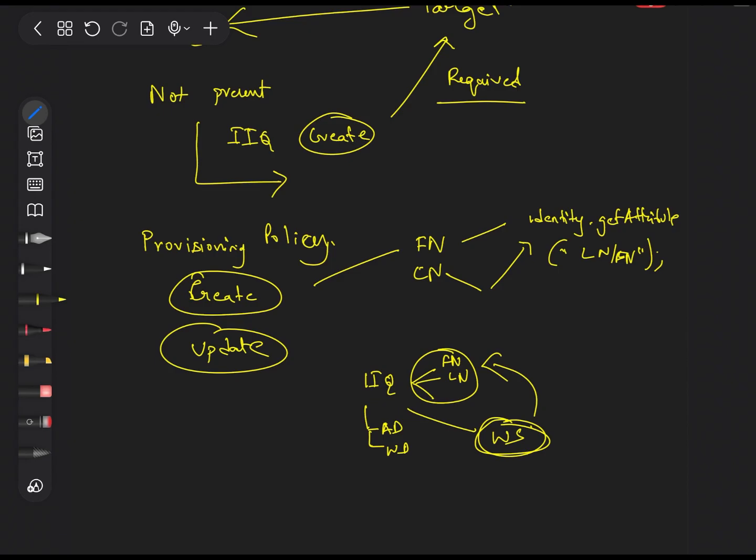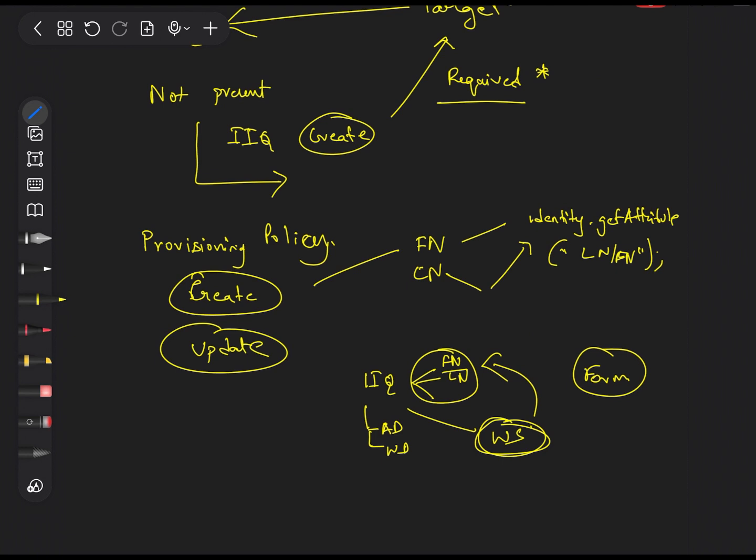Let's say if a first name is null, then when you submit the request, a form will be created, and during the request submission you have to provide those details. If you added those as required, it means you have to create a provisioning policy. In the provisioning policy you need to add all the required attributes and how to retrieve those values.